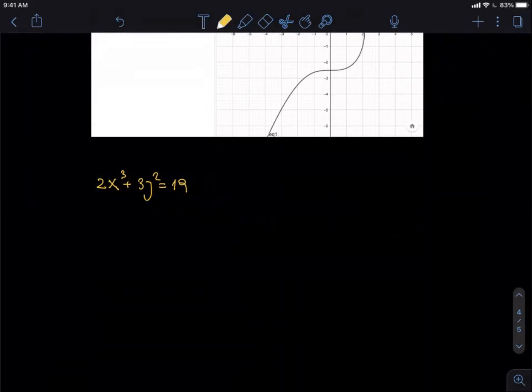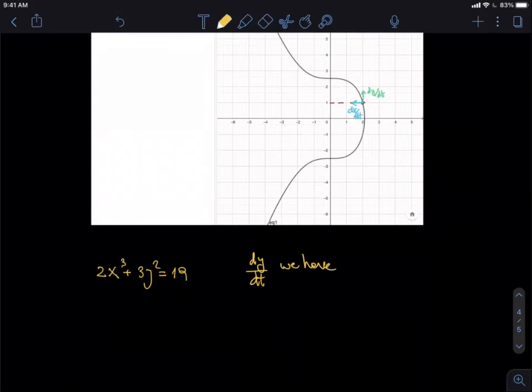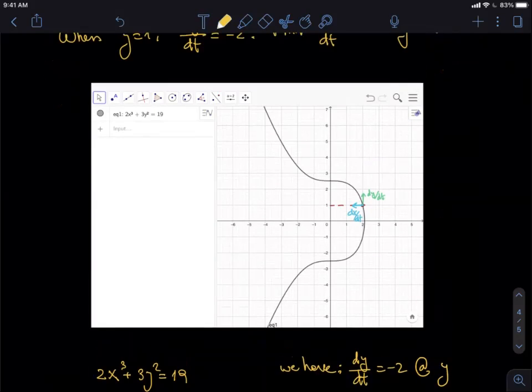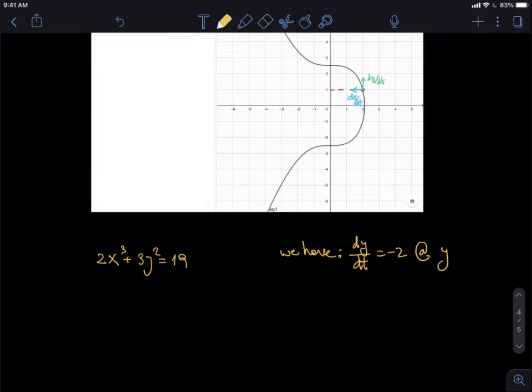Here the information we have is dy/dt. We know that it's equal to -2. And we also have that this happens when y equals 1. We need to use that. So we need to find dx/dt.